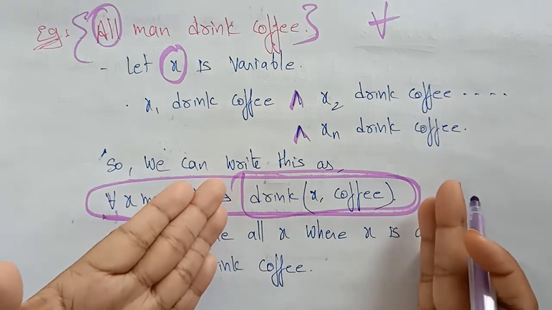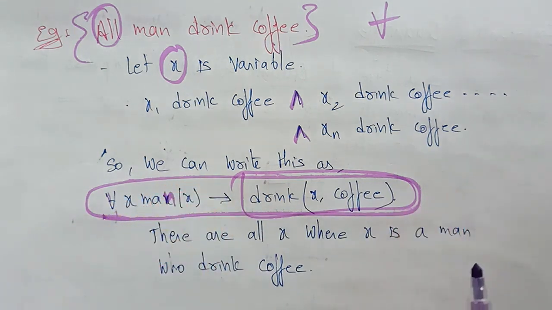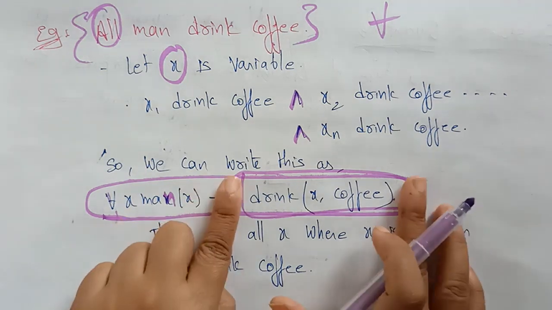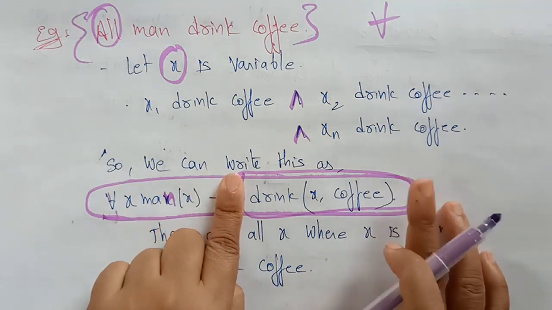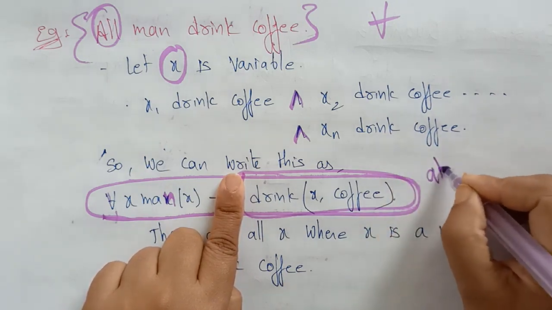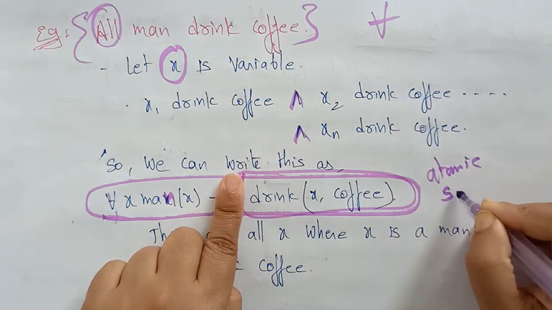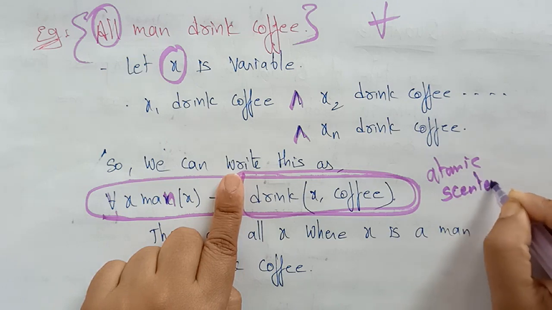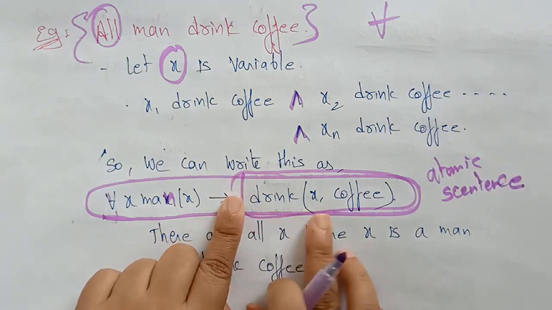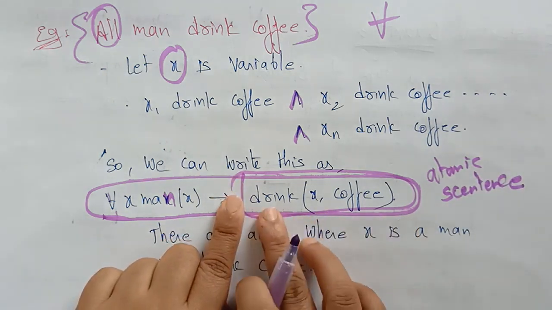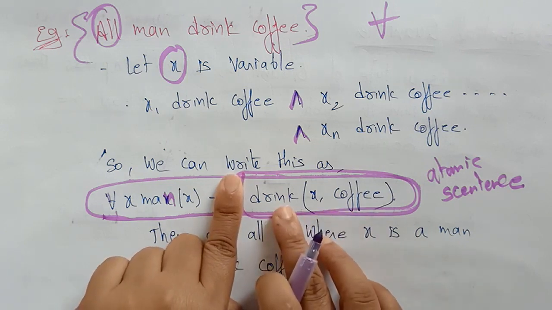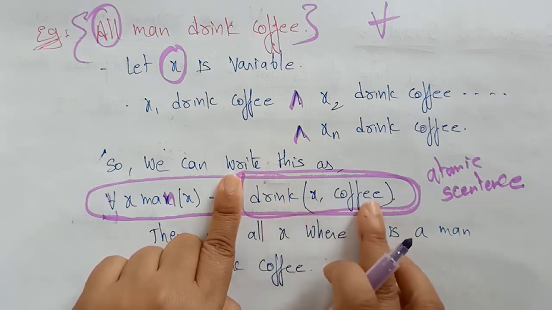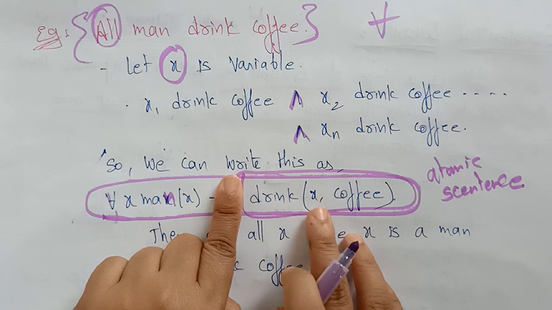Why am I saying this is an atomic statement? Because here I am not using any complex sentence with connectives. If I am not using connectives, then you call it an atomic sentence. So drink x comma coffee can be read as all men drink coffee. Why am I saying all?